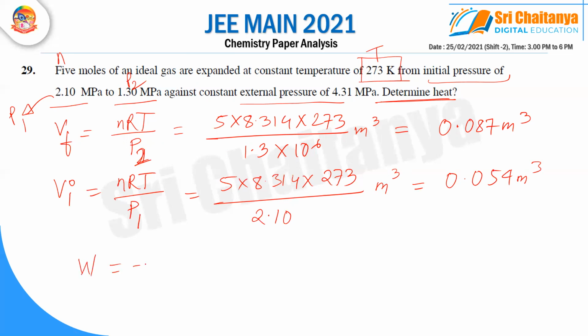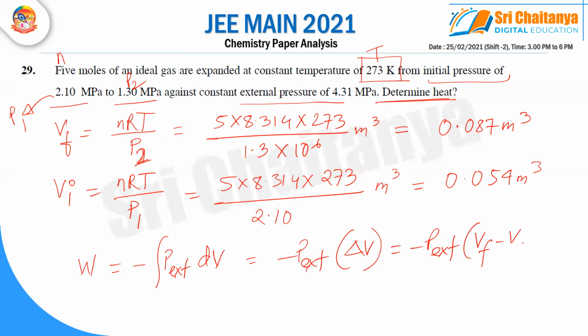Now, what is work done? We all know P external dV. Now, when the pressure is constant, you can take that out and it simply becomes delta V. P external is equal to V final minus V initial. So you put the value there, you can arrive at some answer, and that will be roughly equal to minus 1.36 joule.